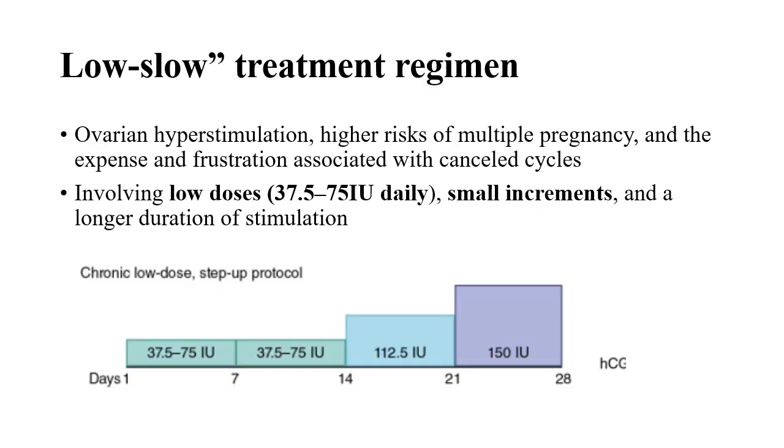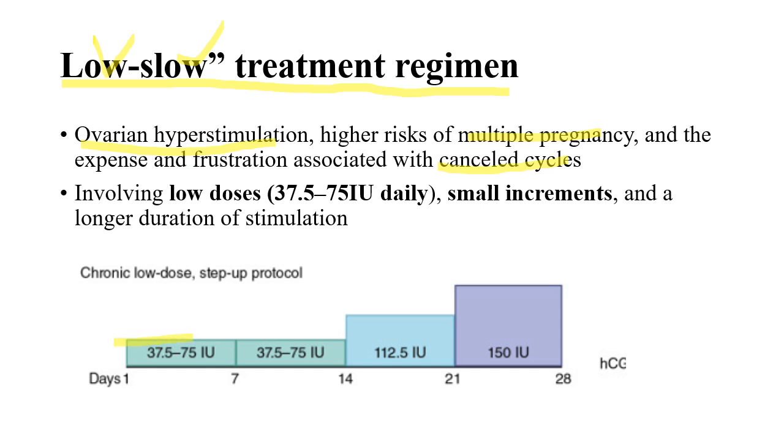Coming to the next regime, that is the low slow treatment regime. The name itself defines the regimen: a low dose, and we slowly increase the dose. Why slowly? Because of the OHSS risk, the multiple gestation risk, and the frustration caused by a cancelled cycle, because if multiple follicles develop, we have to cancel the cycle. So what will this involve?